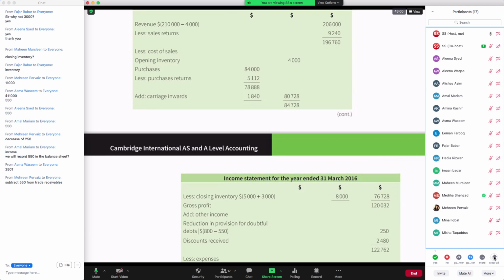When you reach net profit, then leave a green check on the feedback window. Madiha has already reached net profit. Okay, Madiha, let's wait.